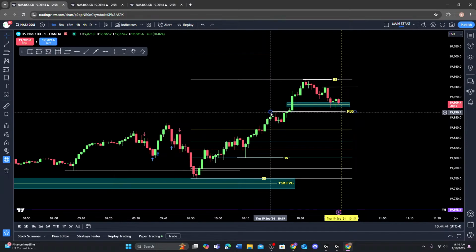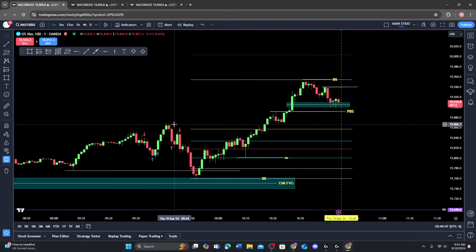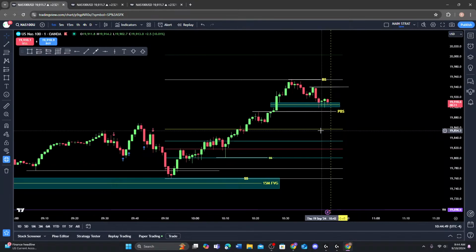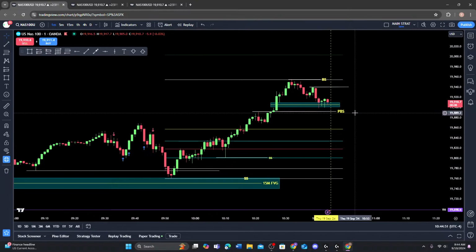In retail terms, this would be support and resistance. But I just like calling it previous buy side.